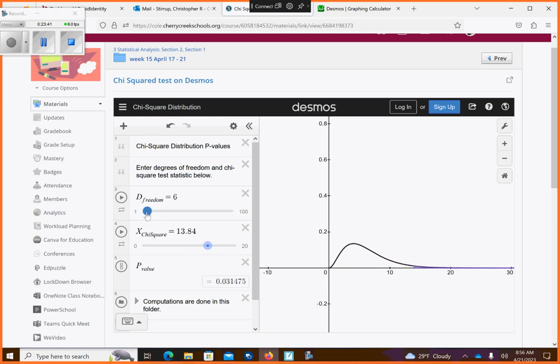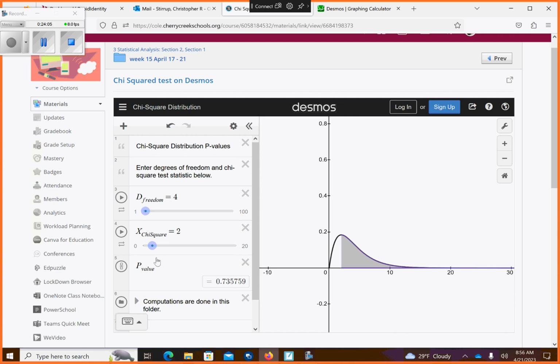So we have 4 degrees of freedom. And our summation of our chi-squared comes out to 2. So you just bring your slider back to 2, and notice it gives you a p-value of 0.736. That's the area to the right.